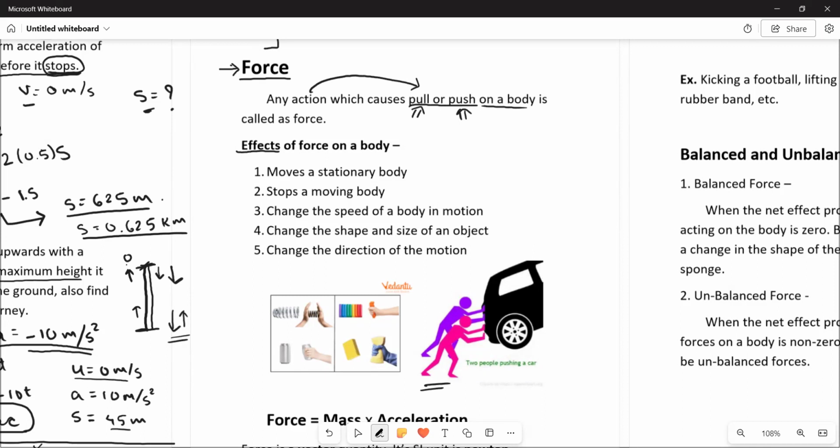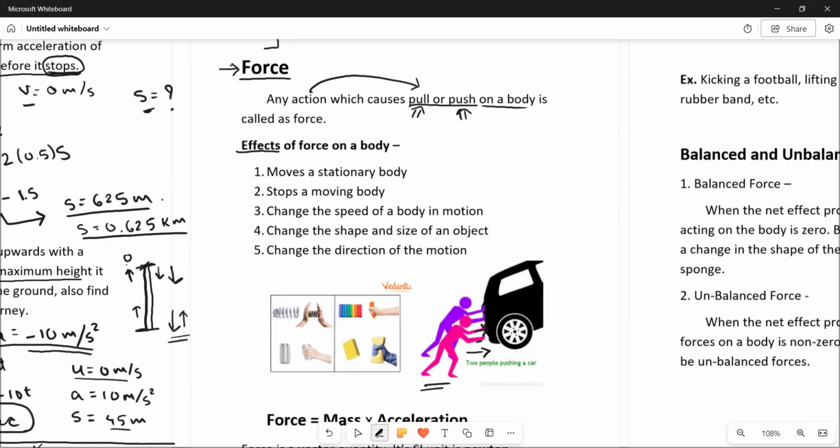When the car is at rest and these people try to push it, it will come in motion. They are applying some force with their hands, and with this action of push, the car will move forward. Means as it was at rest, it will come in motion.